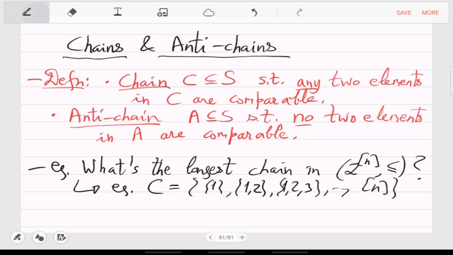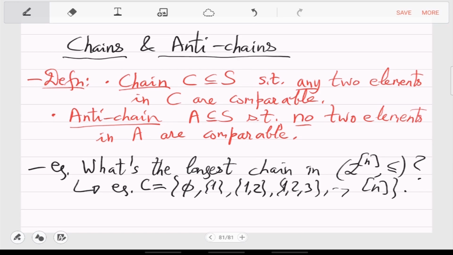Yeah, good point. We should respect the emptiness also. Okay. Yeah, so the longest chain you can find is n plus 1. That's the answer. Can you find anything longer than this? Is this the longest?